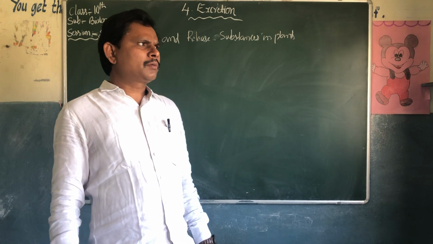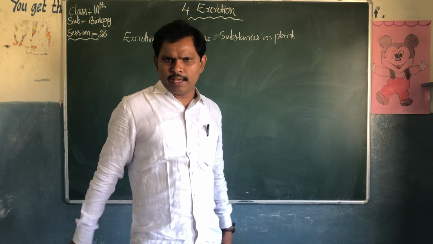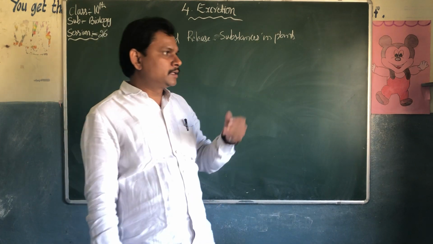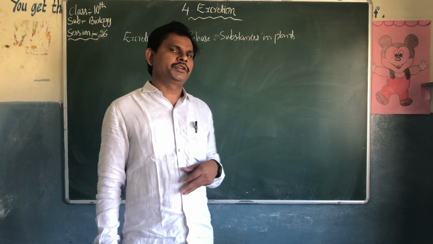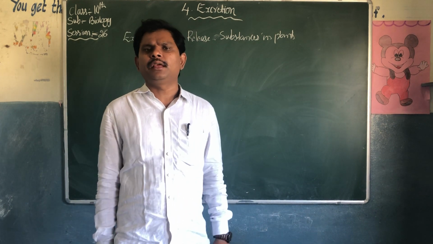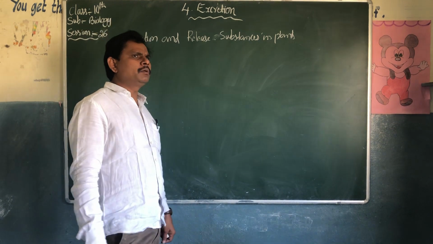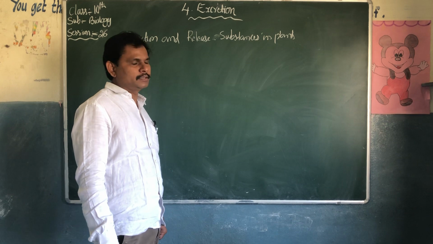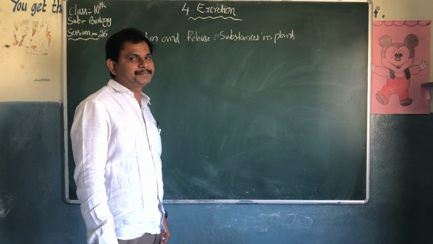Like in animals, we can see different types of systems, like the respiratory system, excretion system, and transportation system. But what about plants? Is there any specific part or not?